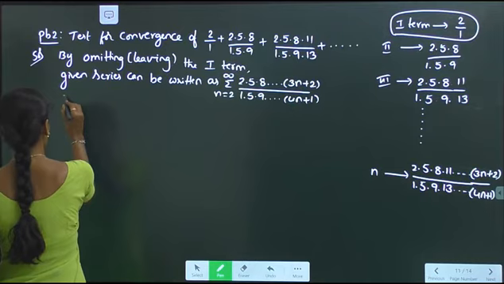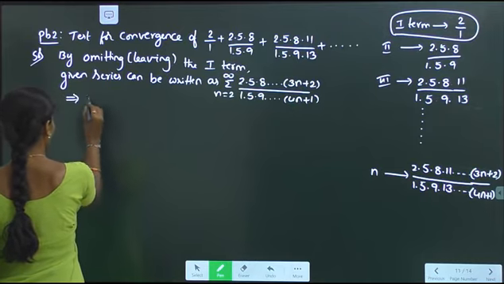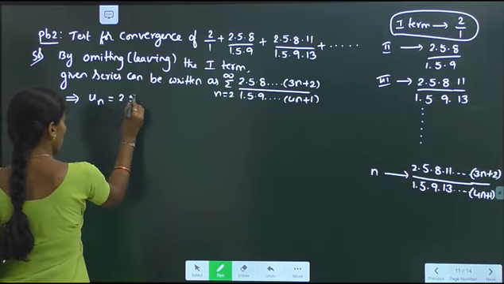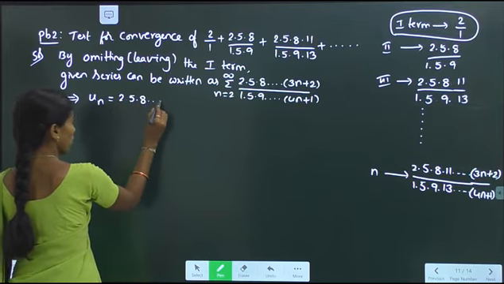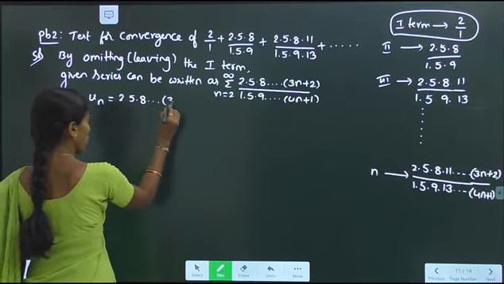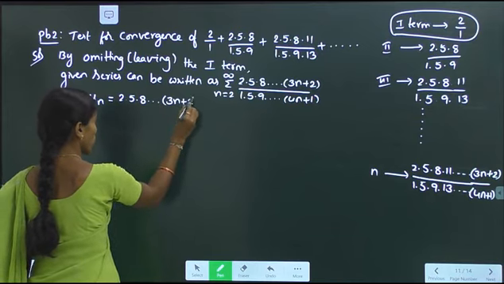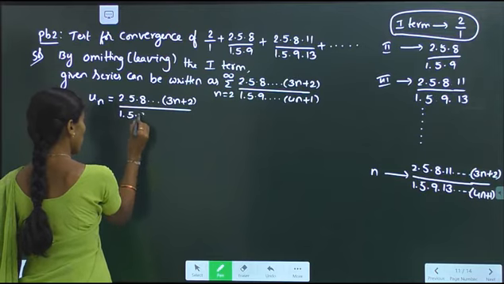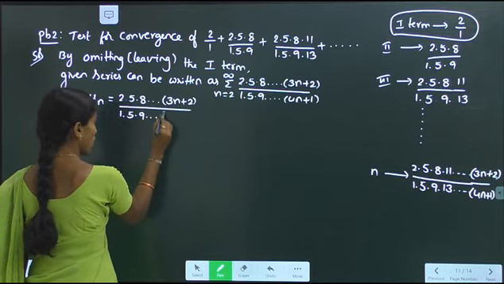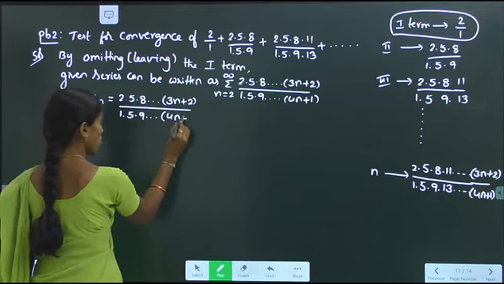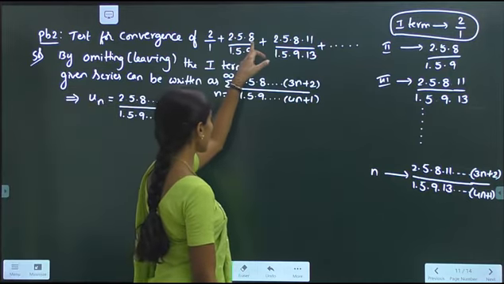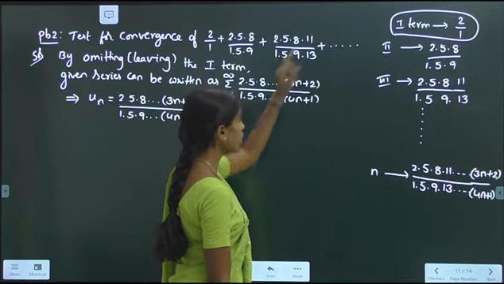Now what is un? Implies un is 2 into 5 into 8 into and so on up to 3n plus 2 by 1 into 5 into 9 and so on up to 4n plus 1. If you observe here, in the second term it ends with 8, in the third term one more term is added.